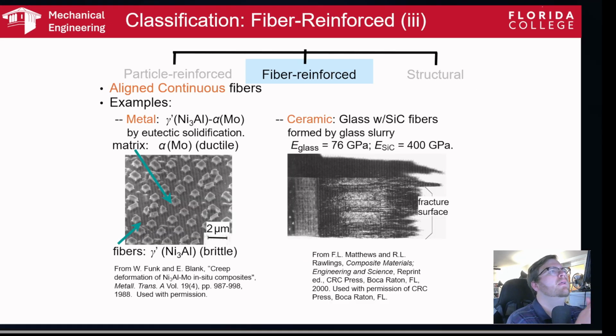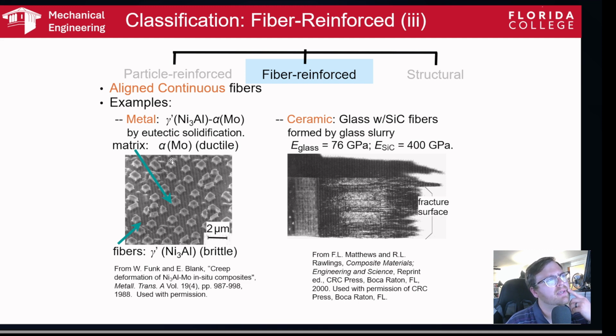Okay. So we have fiber reinforced composites. We have some examples of aligned and continuous fibers. Here what we can see is aligned and continuous fibers that are sticking out of a matrix material.